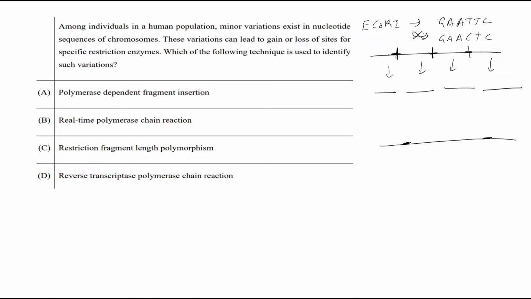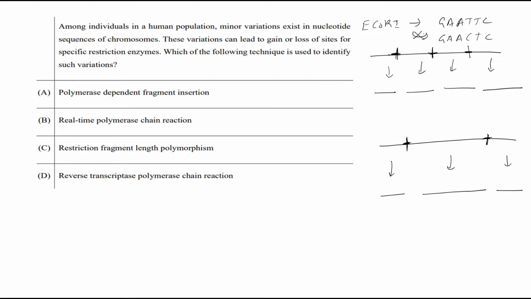Now if we apply EcoRI, it will cleave at the remaining sites, which will result in only three fragments, and there will be a large single fragment in place of two small fragments. This is the case. The question is asking which technique identifies this difference.